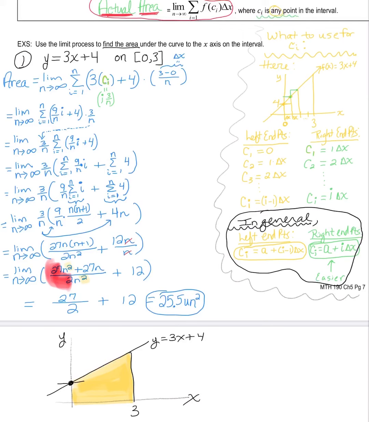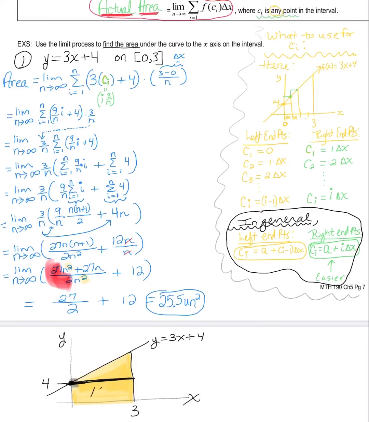I could have found this because I have a line. I could have divided this into two portions right here at y equals 4. So this lower part, well, this is not drawn to scale, of course, but this is a 4 by 3 rectangle.